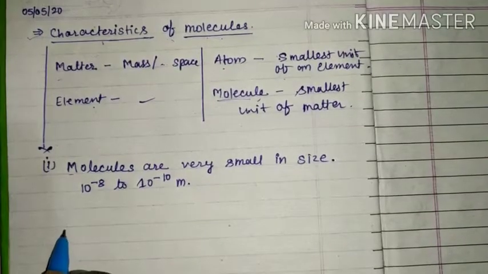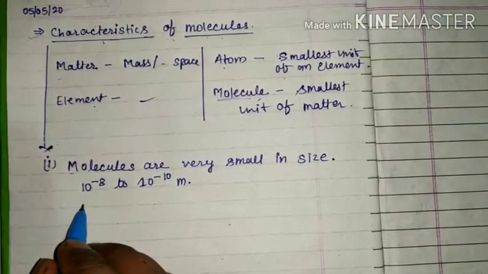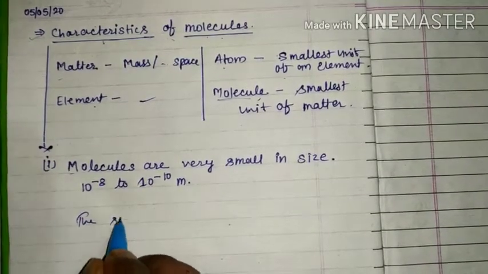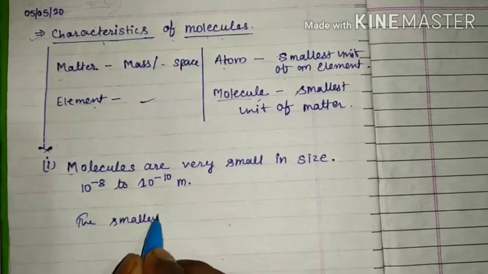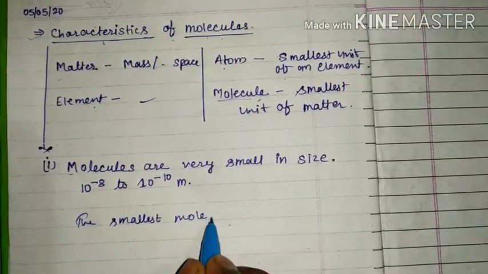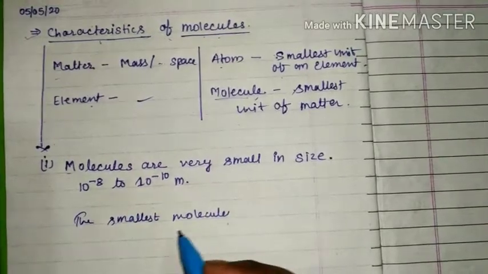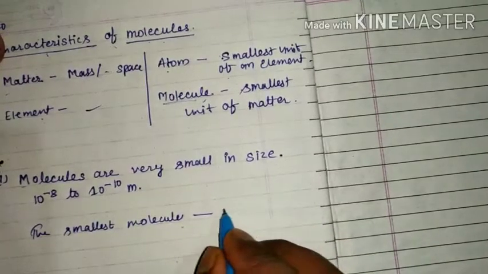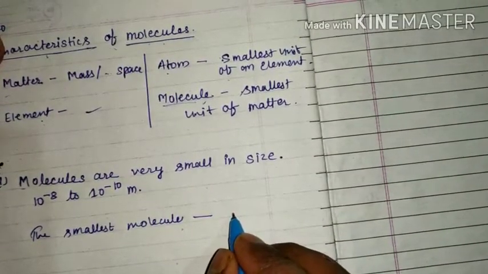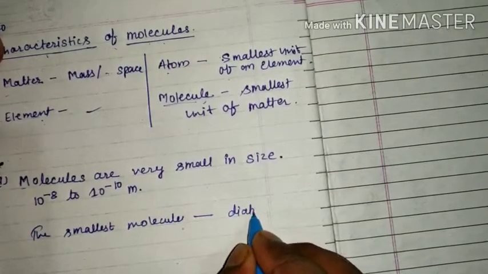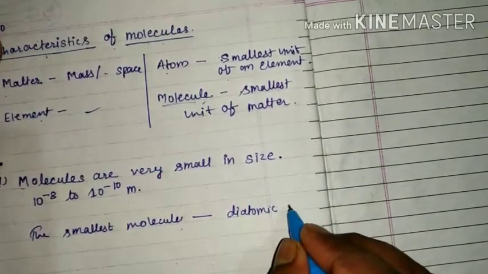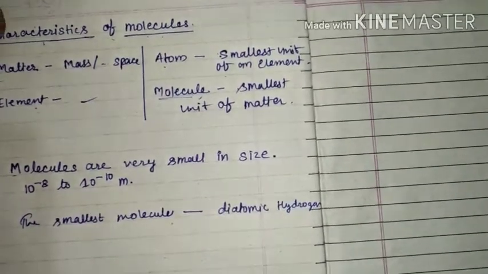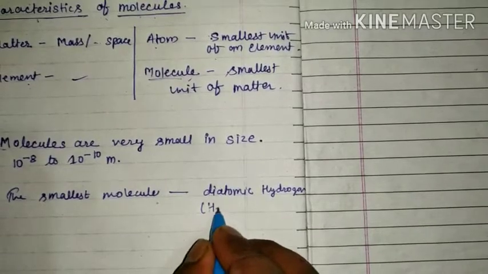The smallest molecule is diatomic hydrogen. Diatomic hydrogen means H2.